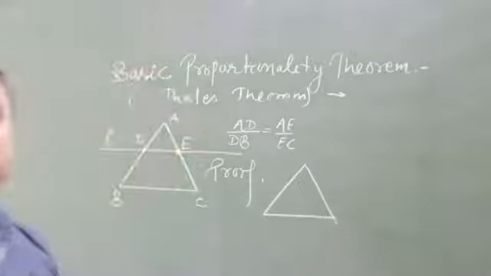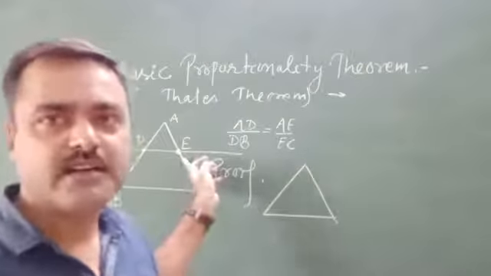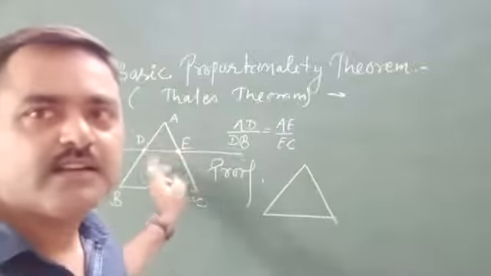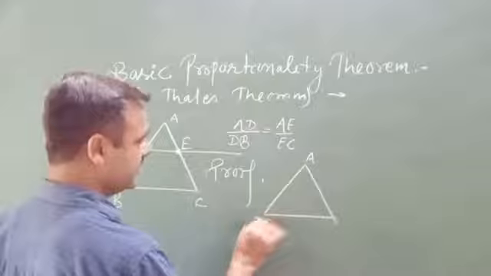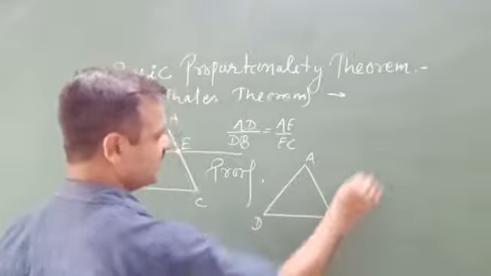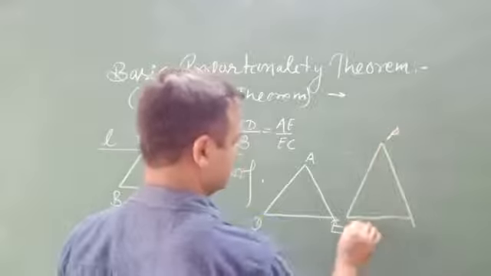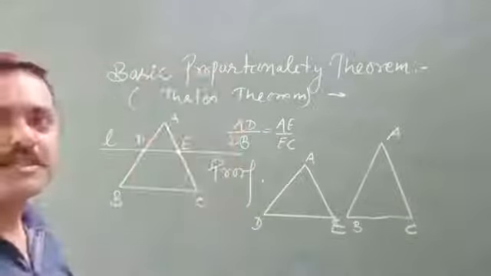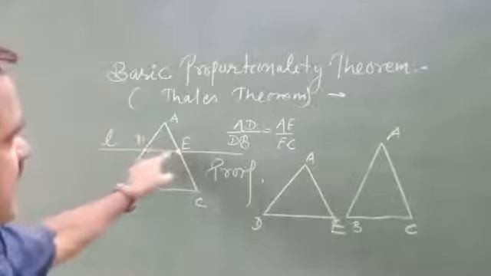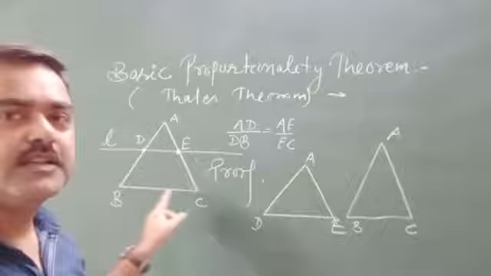In this diagram, you can see there are two triangles. One is ADE, this is the first triangle. And the second triangle is ABC.